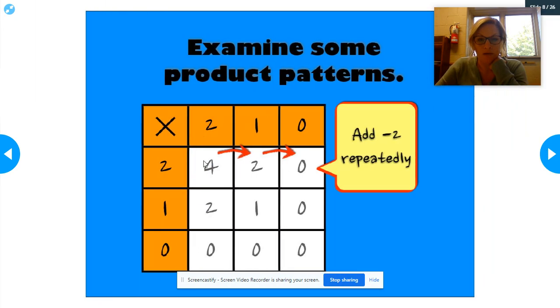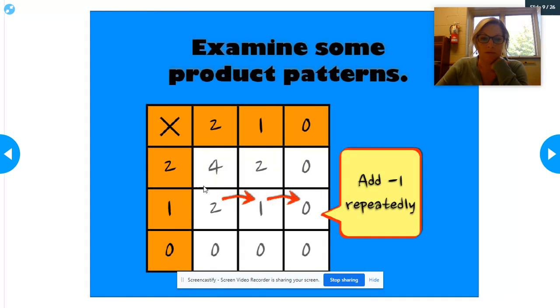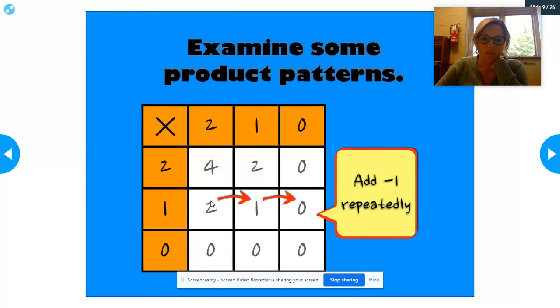Next one, you're going down by 2. So 2 times 2 is 4, minus 2 is 2. It's just patterns. Same here. 1 times 2 is 2, but 2 minus 1 is 1. It's just different patterns that we're seeing on the number chart.